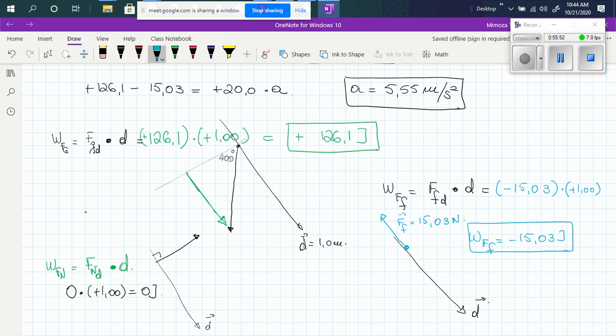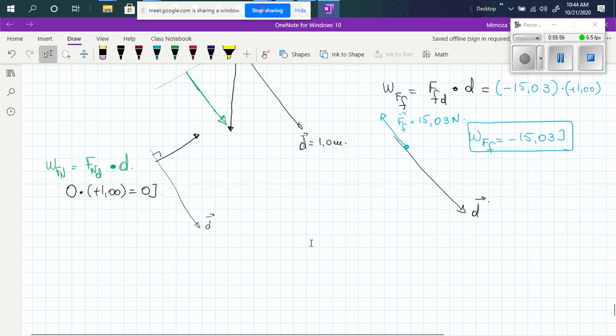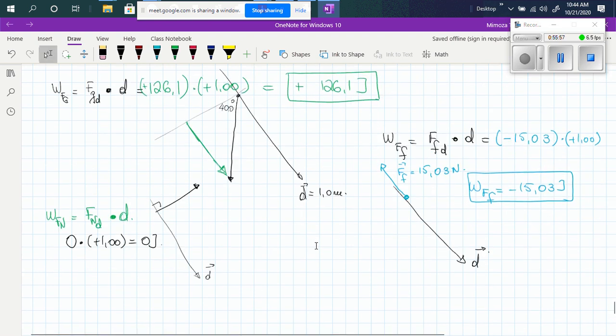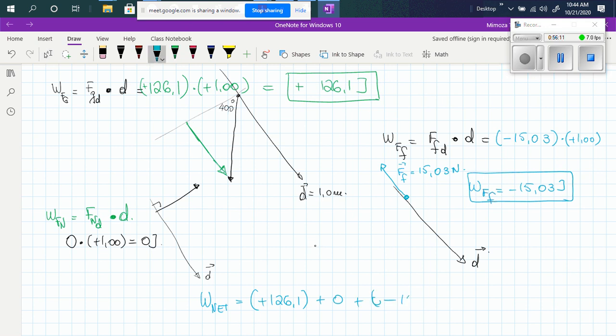Net force or work net will be the sum of all the works. So work net will be positive 126.1 plus 0 plus negative 15.03.